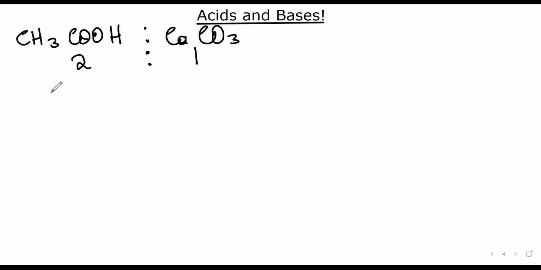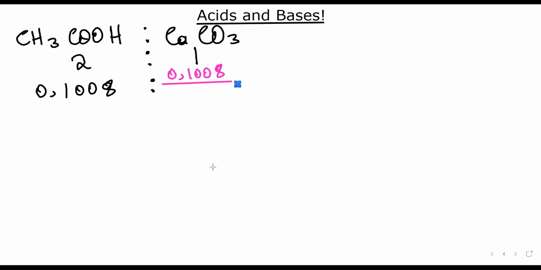Now we want to know, if I have 0.1008 moles of acetic acid, then how many moles do I need for calcium carbonate? Well, I actually need half of that.